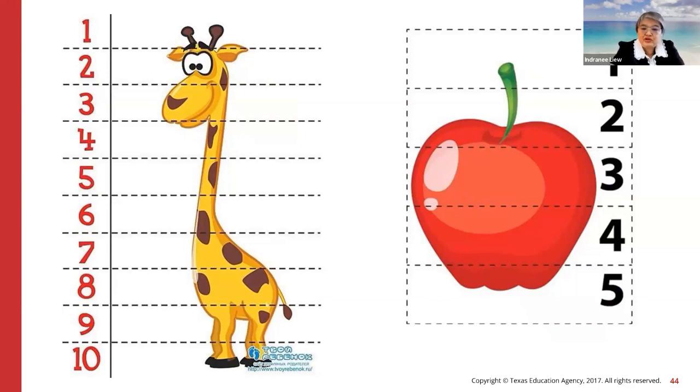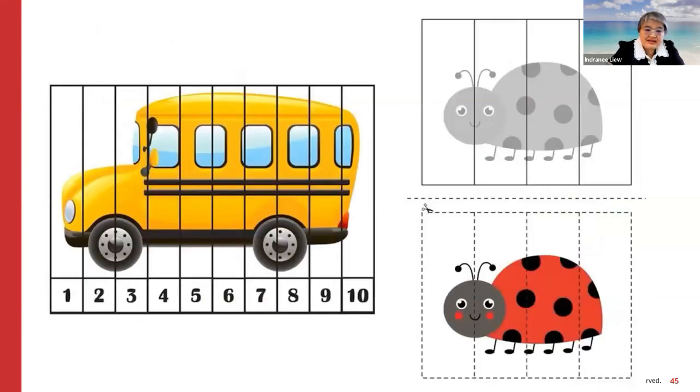Okay, so this is 1 to 10, this is 1 to 5. This is 1 to 10. This is interesting. You actually have this paper here, okay, or laminated sheet. Then you laminate and cut this red ladybug or ladybird. British will call it ladybird.